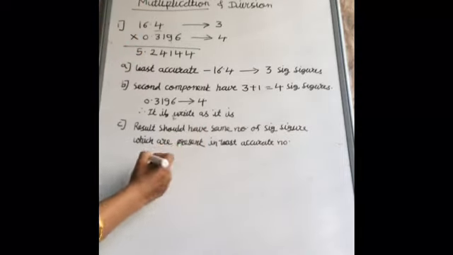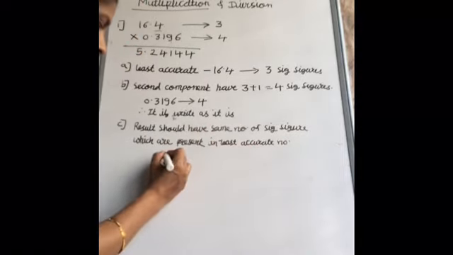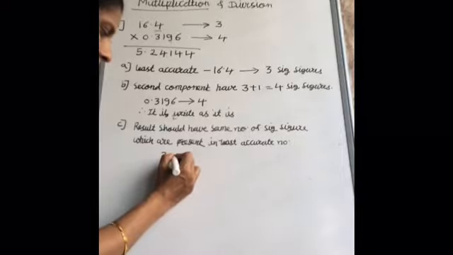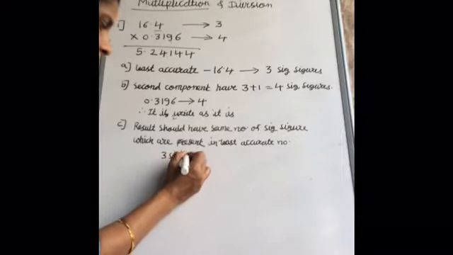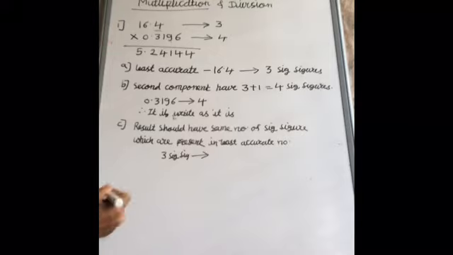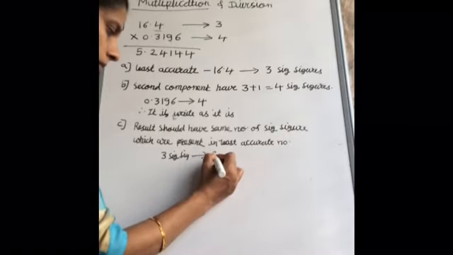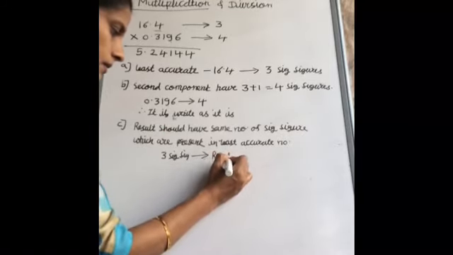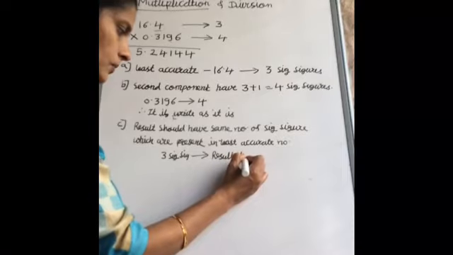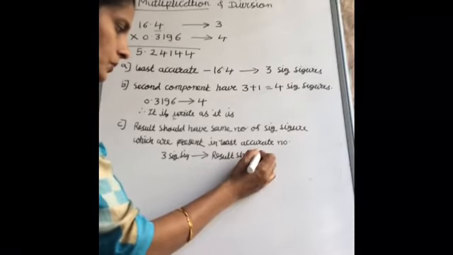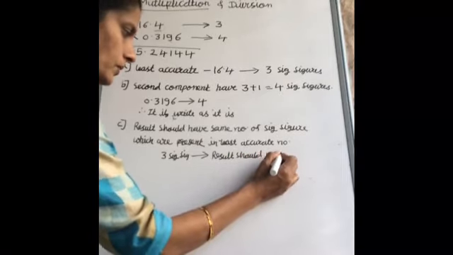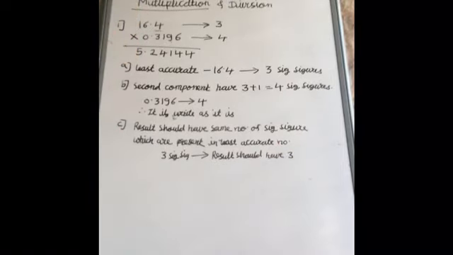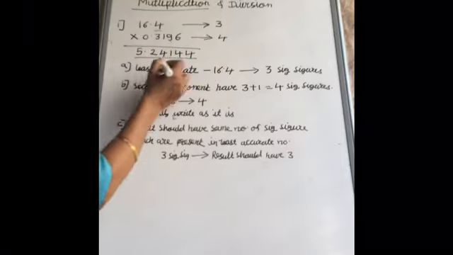Your least accurate number has 3 significant figures, therefore your result should have 3 significant figures.